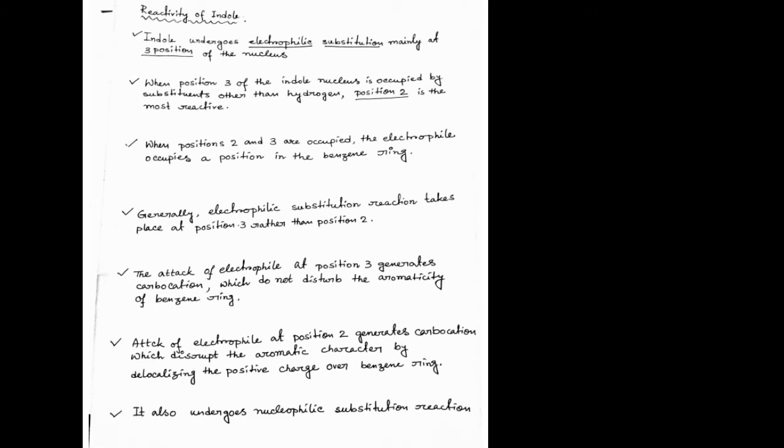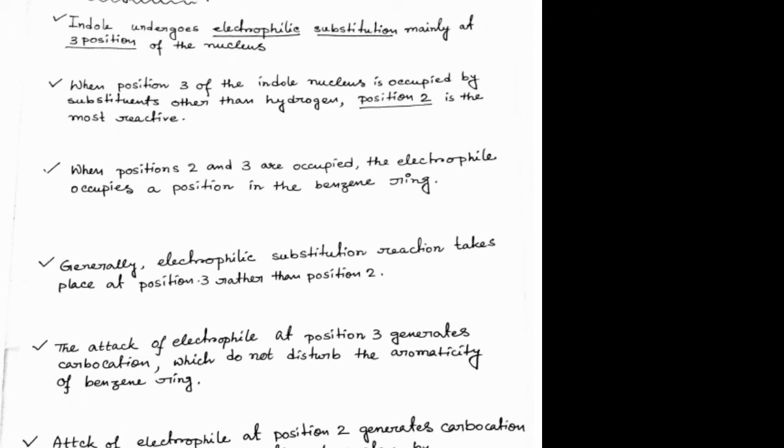The syntheses of indoles are discussed. Now indole undergoes the electrophilic substitution reaction mainly at the 3 position. It is mentioned over here and the 3 position is highlighted. Whenever the 3 position of the indole nucleus is occupied by substituents other than hydrogen, the position for electrophilic substitution is position 2.